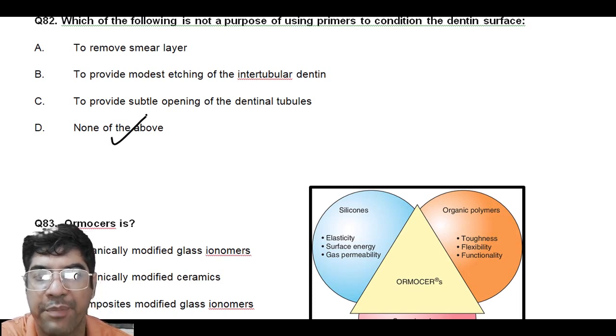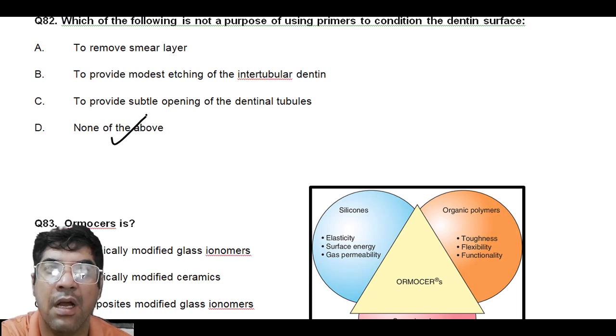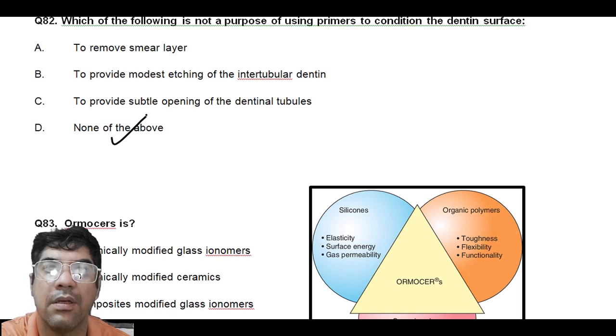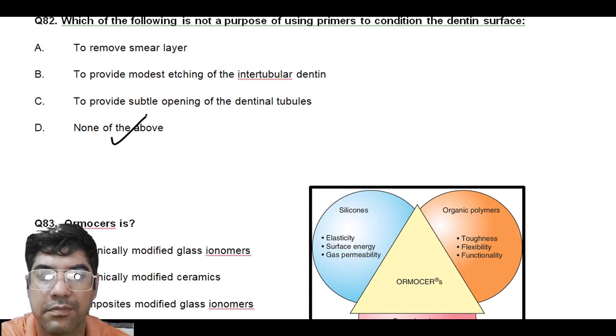The use of primer in dental procedures includes increased bond strength, enhancing the wetting ability, reducing post-operative sensitivity, removing the smear layer, and creating a hybrid layer. So none of the provided options accurately represents the purpose of using primer.